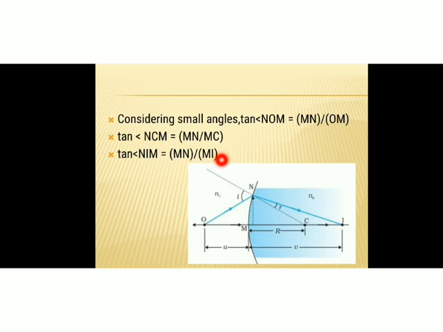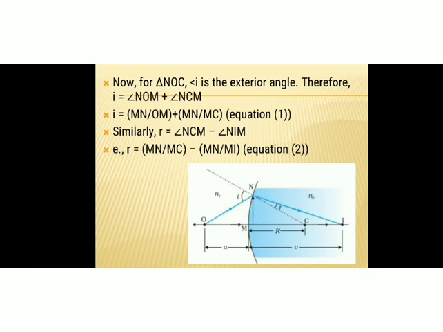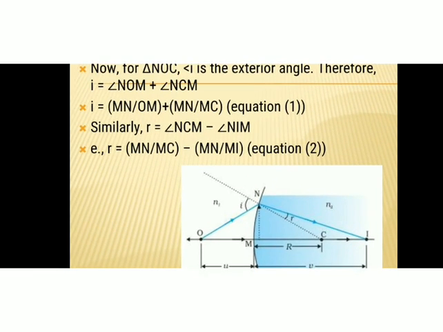NIM is MN by MI. So here instead of angle NIM, substitute MN by MI. So we got the expression for angle of refraction. Angle of refraction is MN by MC minus MN by MI. Let this be our equation 2.